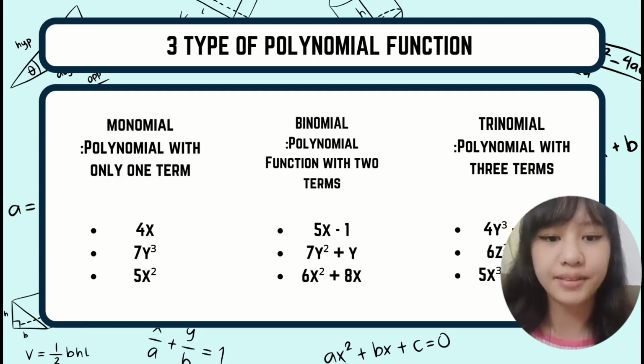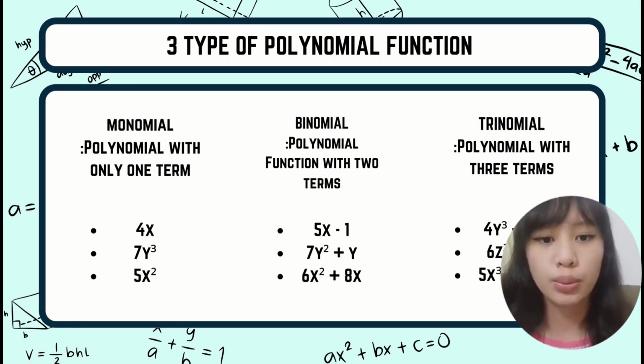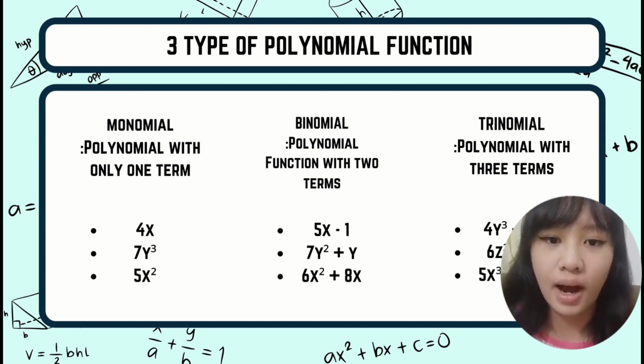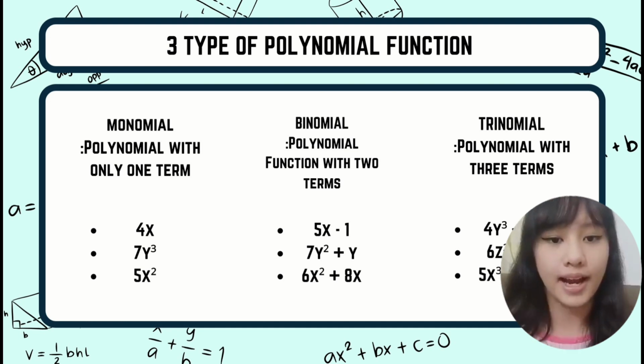Now let's tackle the three types of polynomial function. Monomial. These are polynomial functions with just one term, like 4x, 7y cubed, and 5x squared. Binomial. These are polynomial functions with two terms, like 5x minus 1, 7y squared plus y, and 6x squared plus 8x.